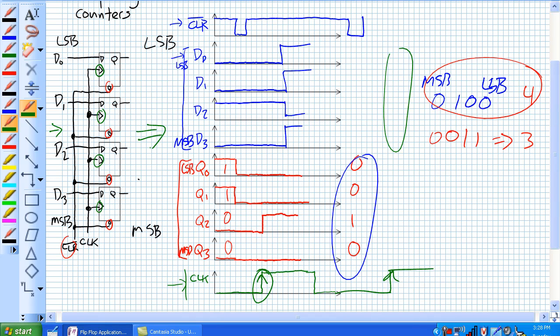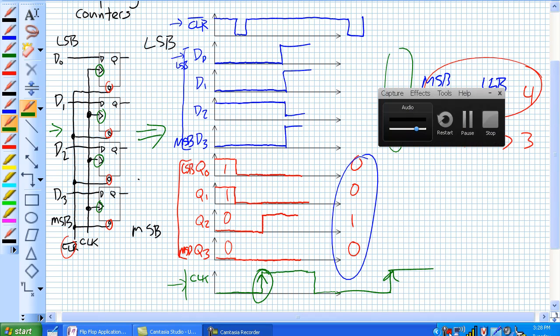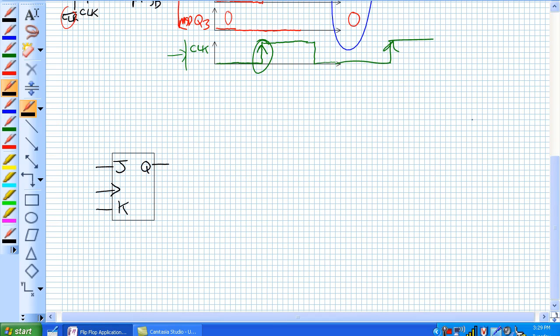Okay, next basic application of flip-flops is frequency division, and this is very ingenious. So let's say you've got a 30 megahertz signal and you've got another chip maybe whose maximum clock frequency is 15 megahertz. Well, you can use a JK flip-flop to divide the incoming frequency in half by using toggle mode.